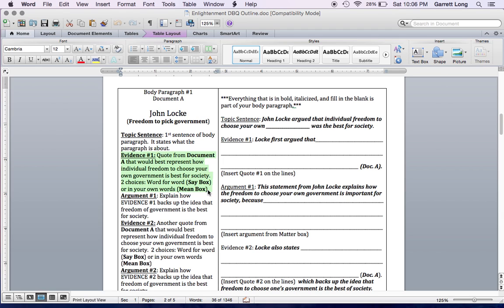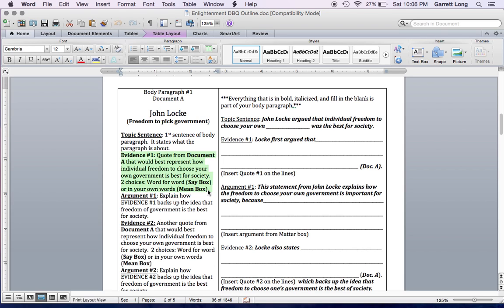You can either look at the say box, and remember the say box is the actual quote word for word, or you can write down the explanation of that quote, which is our mean box. It doesn't matter what you do, quote or the explanation of that quote. And remember, the explanation would just be our annotations that we made on each document.